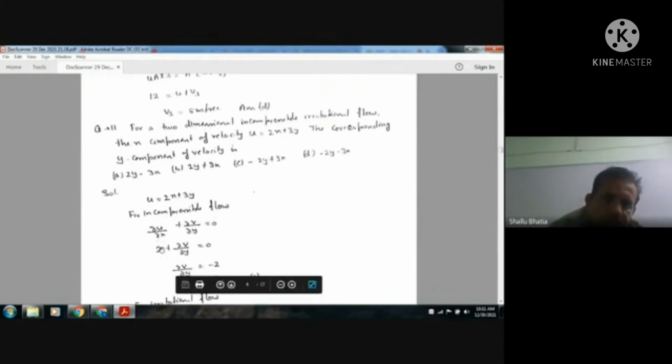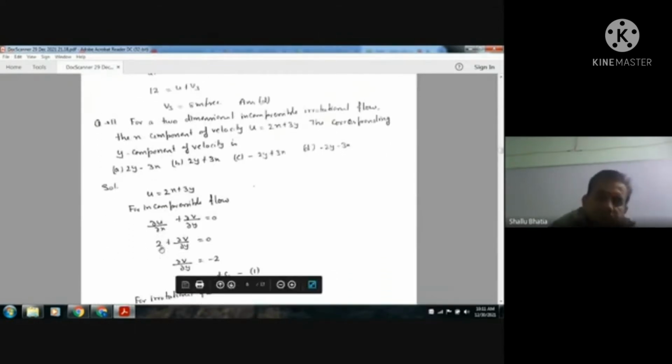Next, for a two-dimensional incompressible irrotational flow, the x component of velocity u is equal to 2x plus 3y. The corresponding y component of velocity is? Here u is 2x plus 3y.